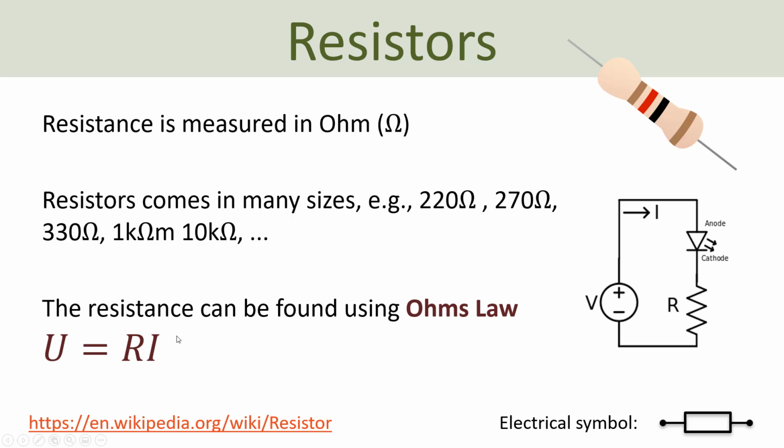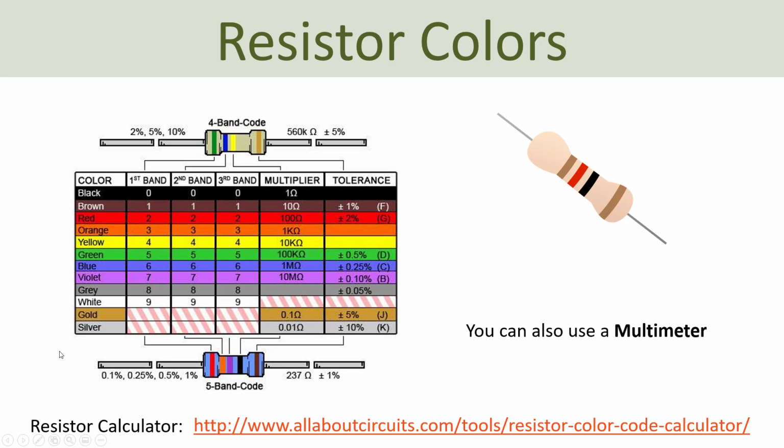Knowing Ohm's law is also handy: U equals R multiplied by I, which is the current. Resistors come in different values. You can look up on the internet the value for a specific resistor, or you can use a multimeter.